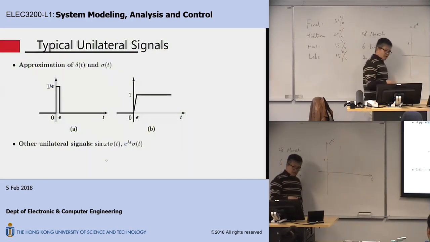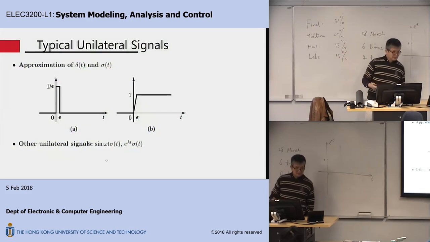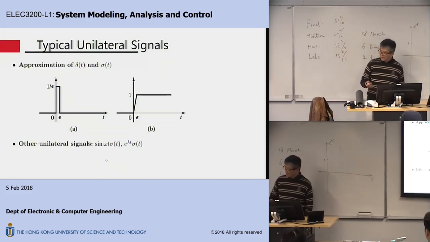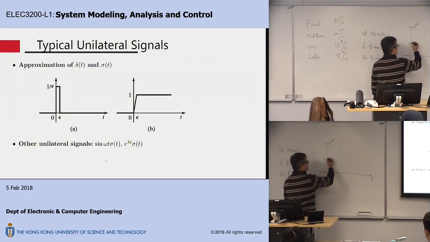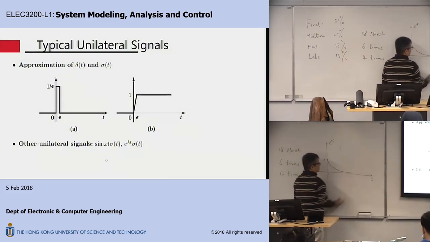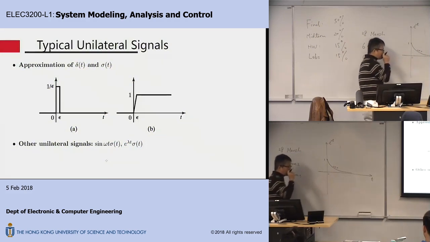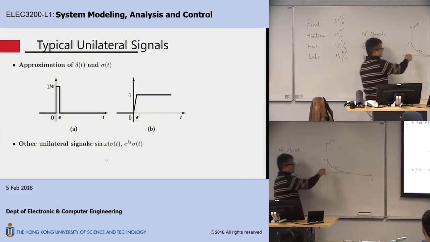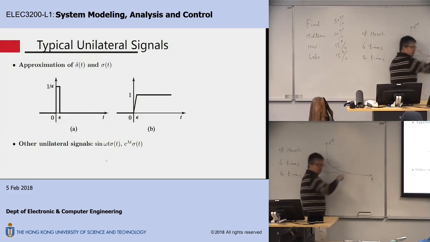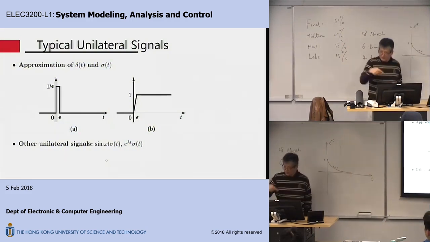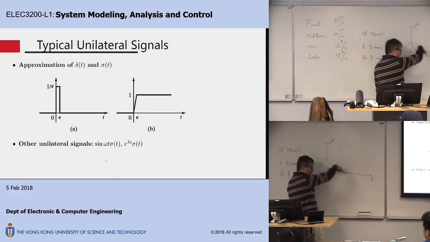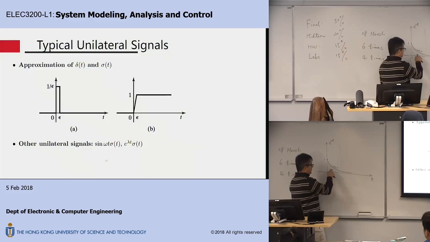So if lambda is less than 0, it goes down exponentially, we say. When t goes to infinity, it converges to 0. It will never be 0 exactly. It converges to 0, and monotonically converges to 0.